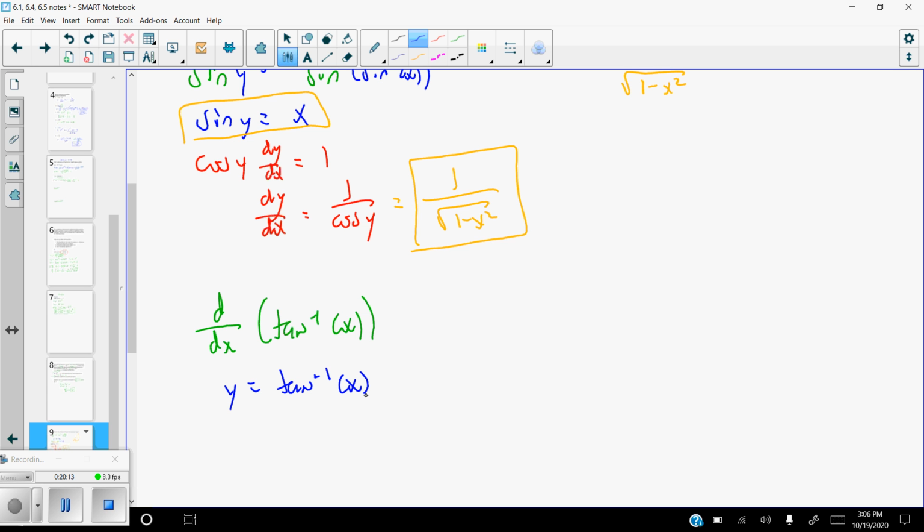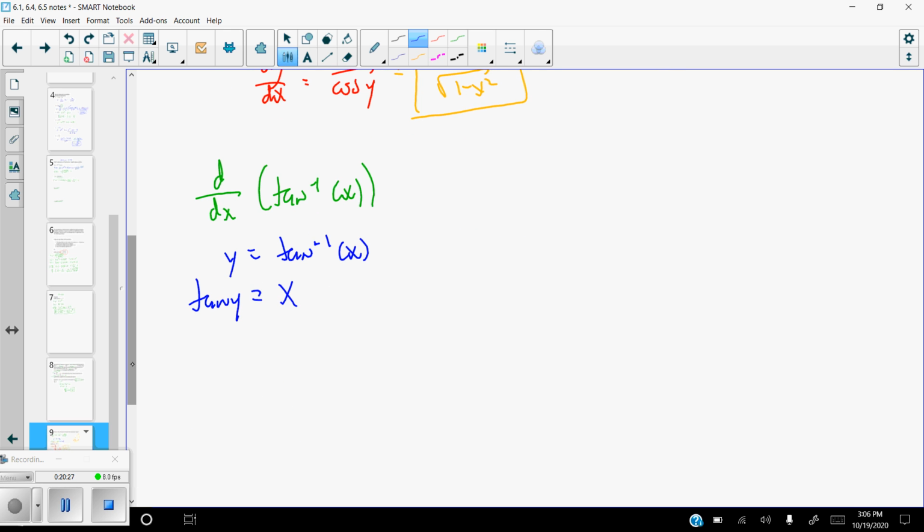We take the tangent of both sides, and what we end up with is the tangent of y equals x, since the tangent of inverse tangent just gives you x. I can then take the derivative. So the left side will be secant squared y dy over dx equals 1.